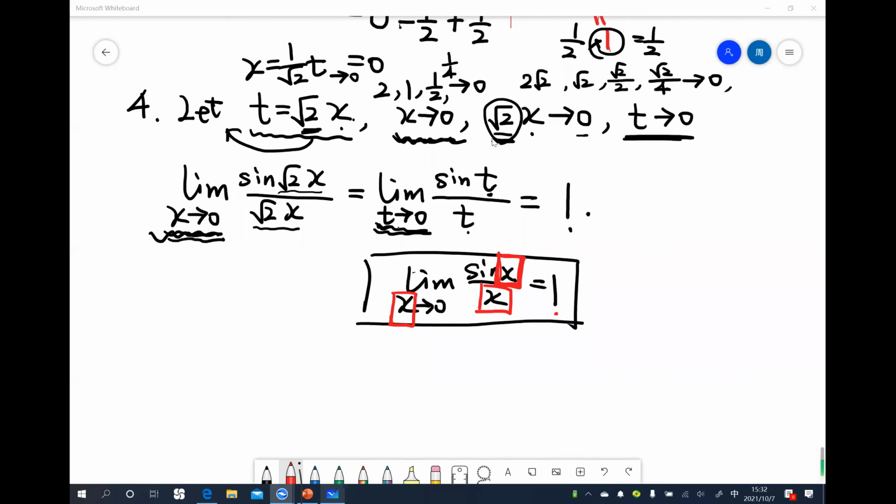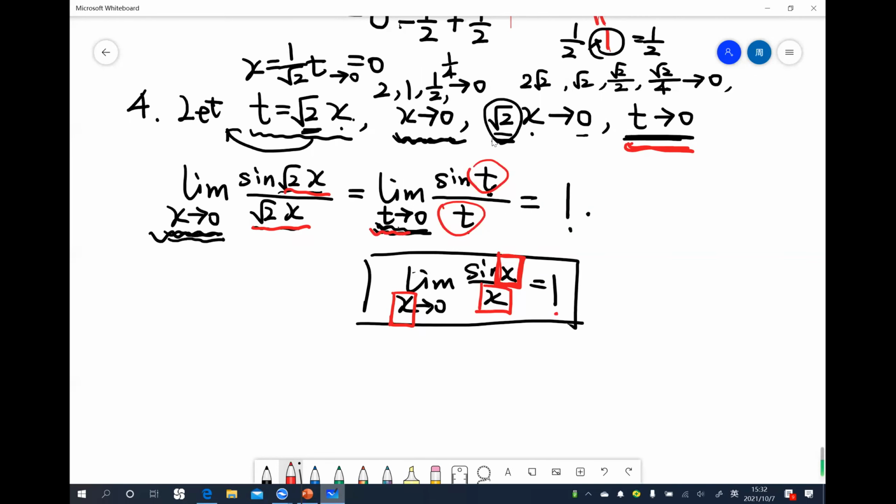Okay, so you are confused about here, right? Maybe most of you may be confused. Because here t is the square root of 2x, and t here is also the square root of 2x. So that is the same. We just let t equal this part.